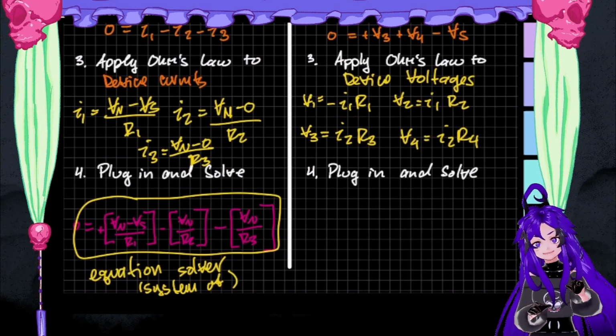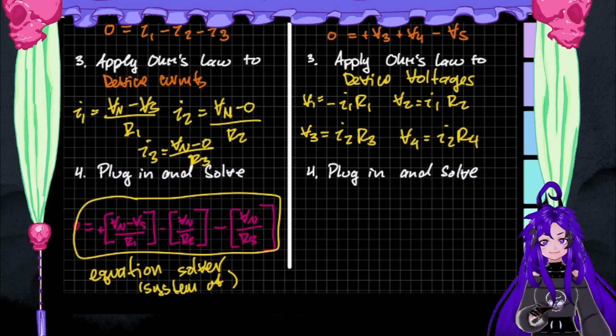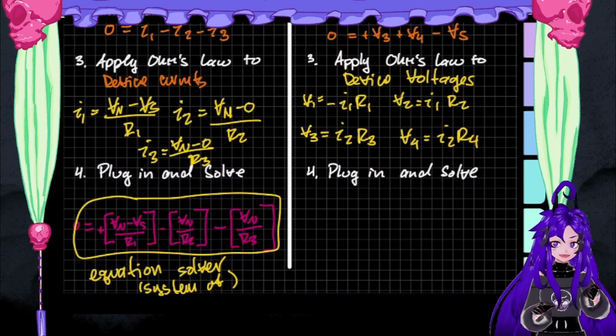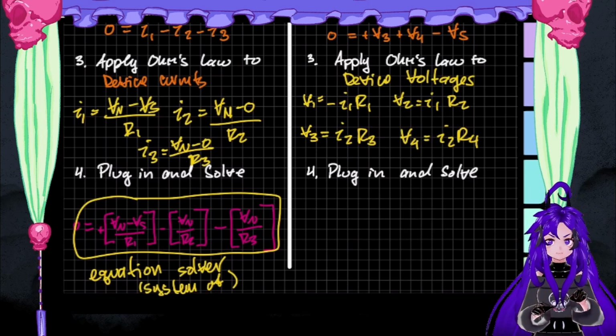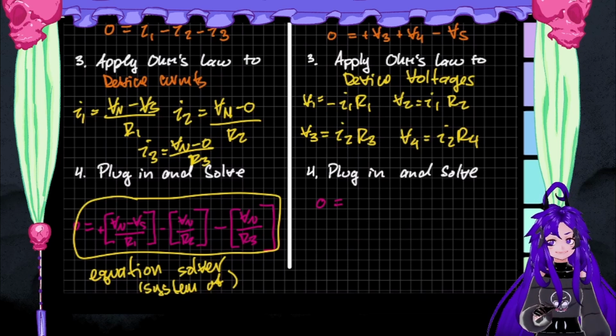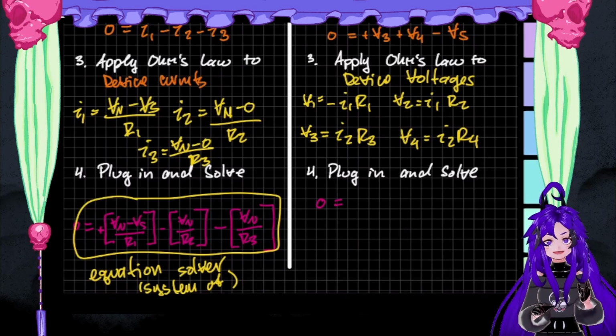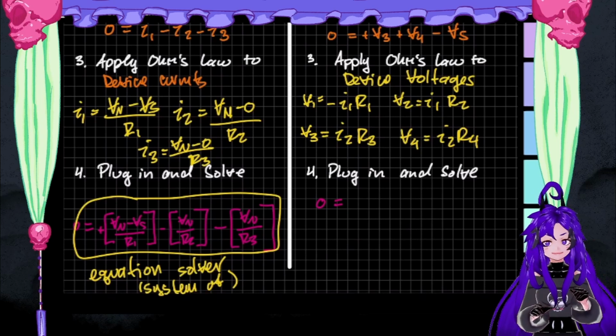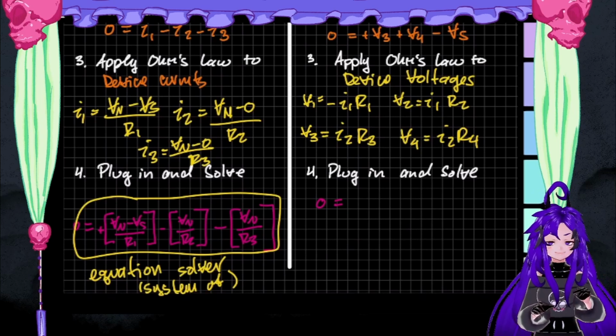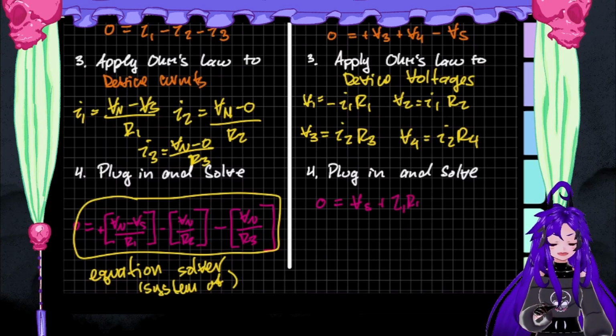So last thing, we plug everything in and solve. So we're still going to have two equations, but we're going to have them in terms of I1 and I2. In a lot of cases, it's not going to be as cut and dry as this particular example, and you're going to have to solve a system of equations for current mesh analysis. So we're going to have Vs plus I1 R1 plus I1 R2.